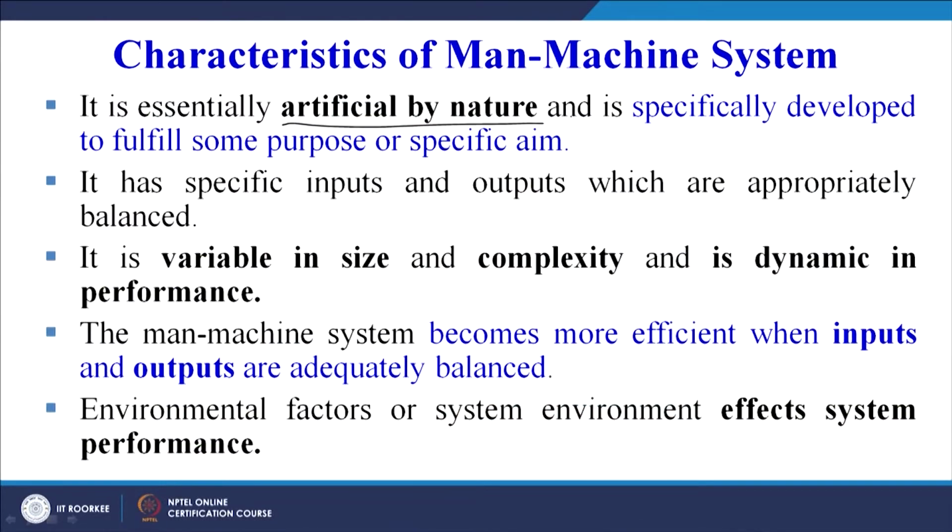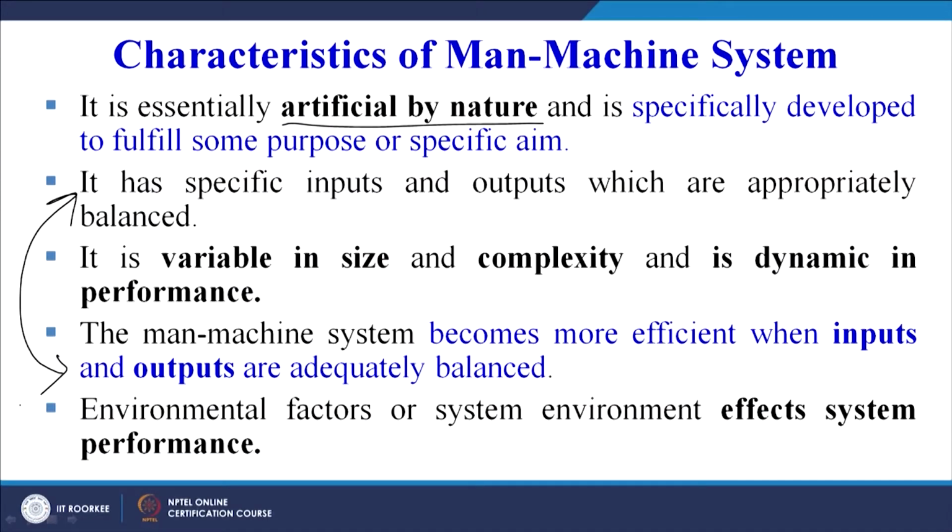It is variable in size and complexity and is dynamic in performance. So we can have different types of man machine system based on the size and complexity. Then it is dynamic in nature, things may change from time to time. The man machine system becomes more efficient when inputs and outputs are adequately balanced, which we have already seen, so we have to ensure that they are adequately balanced.